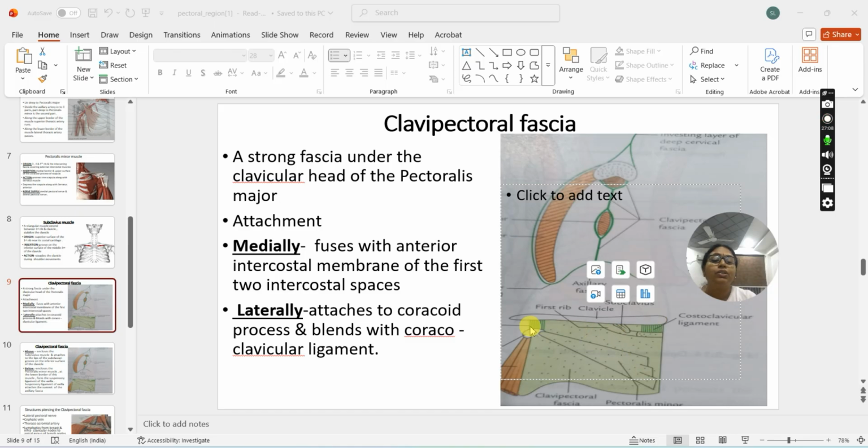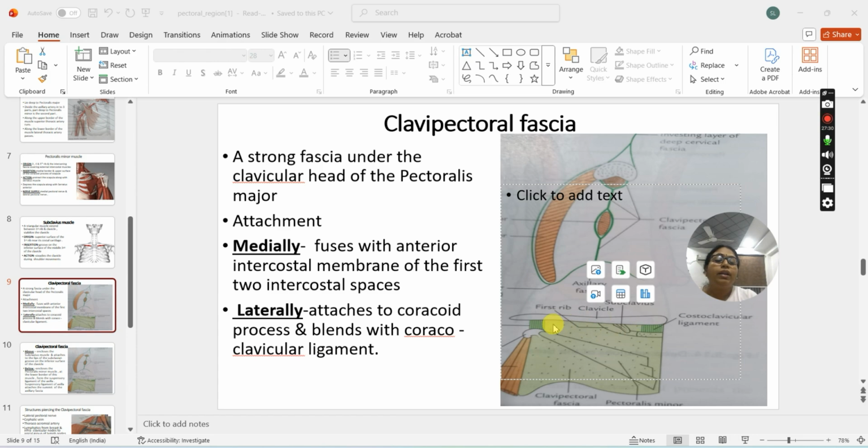Laterally, it goes and attaches to the coracoclavicular ligament, one of the strong ligaments between the coracoid process and the clavicle, and partly to the coracoid process. So this is the upper portion done.